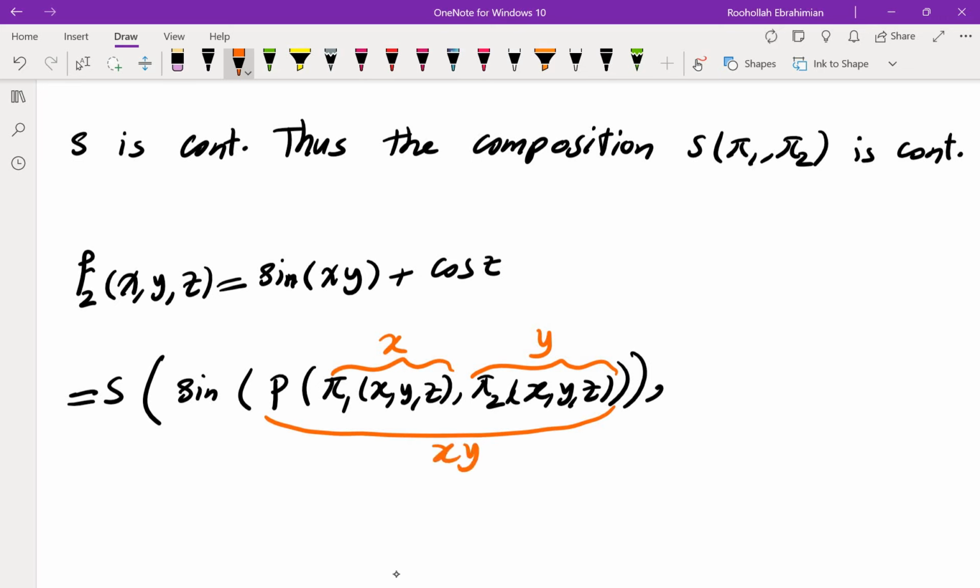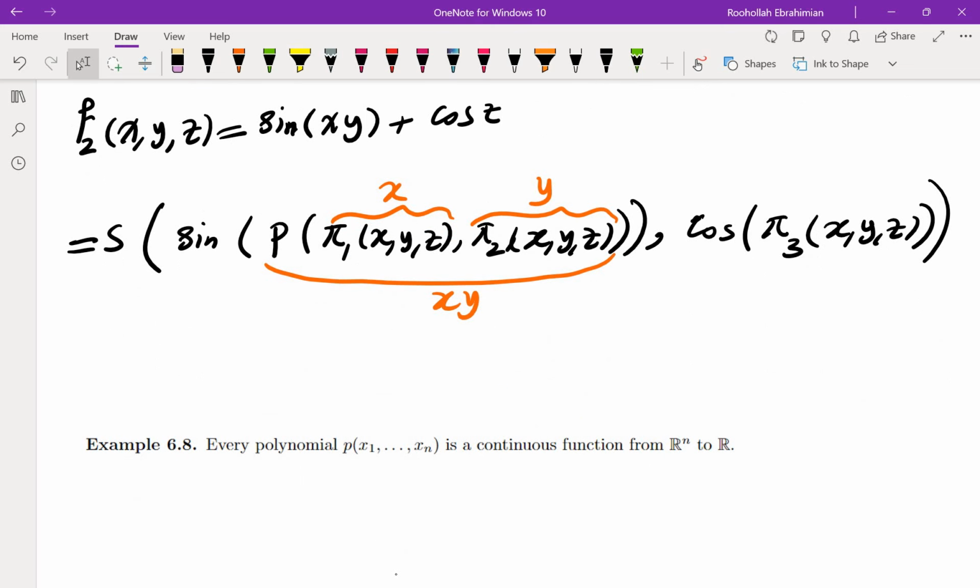Now I have to do cosine of, well, z is the third component, so that's pi 3 of x comma y comma z. This function is continuous for the same reason. So you'll have to write down the details of why, but it's very similar.